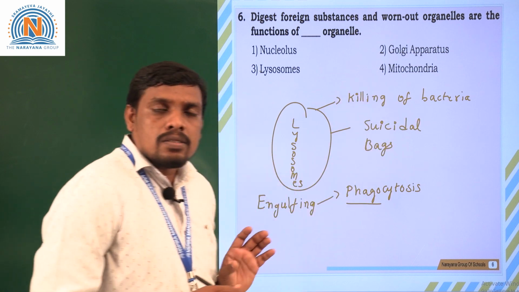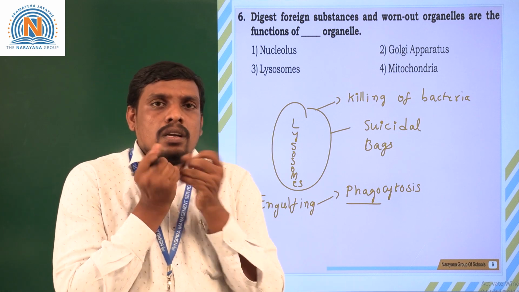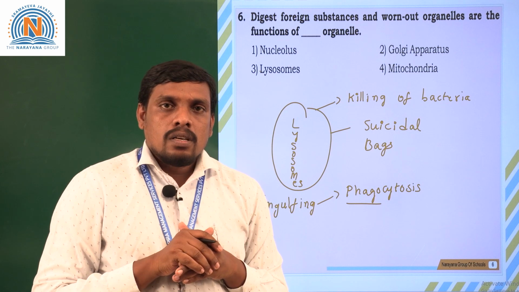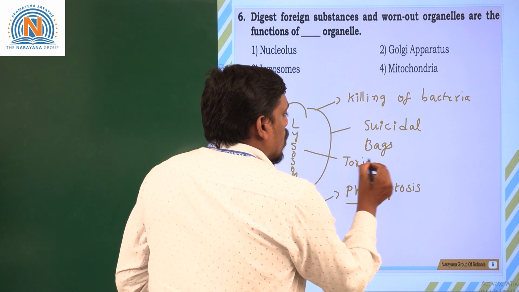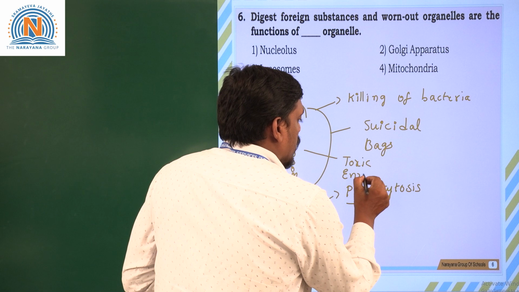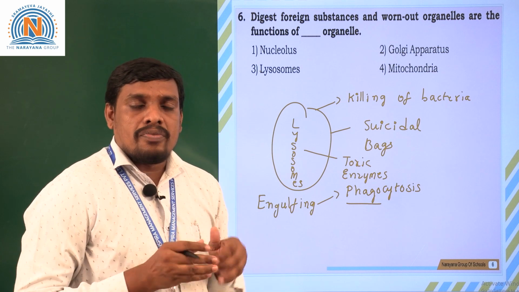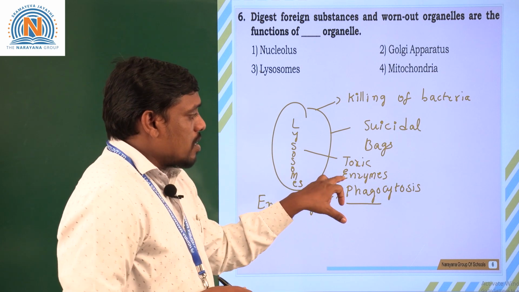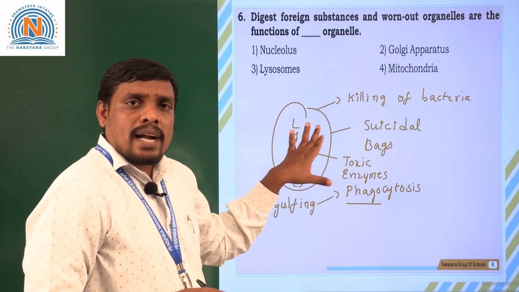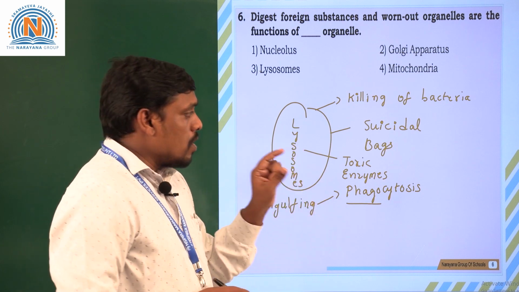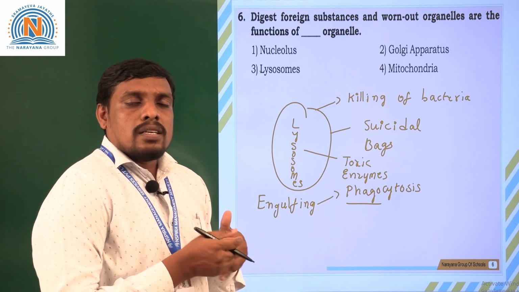If any foreign particle enters the cell, the lysosomes immediately catch and swallow it. When highly active, toxic enzymes are released in the lysosomes as they engulf bacteria, the lysosomes also die along with the bacteria and virus.